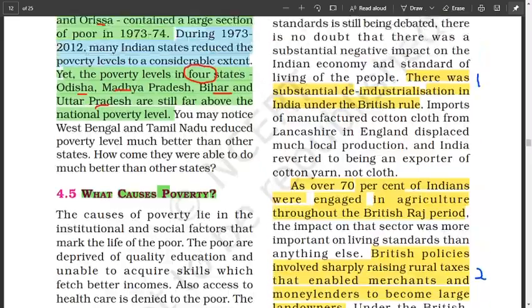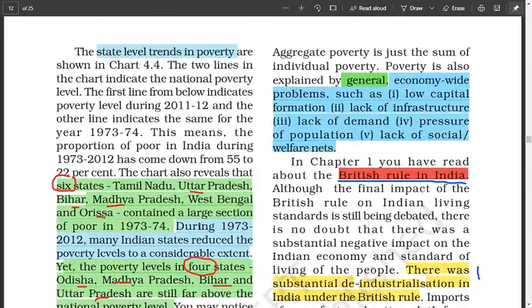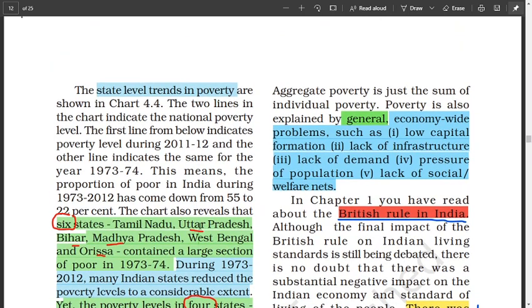And then if you look at the general reasons, even though we have known those facts that we have just discussed, why we cannot solve this problem till now is because in India, number one, there is low capital formation, low investment, not much activity.